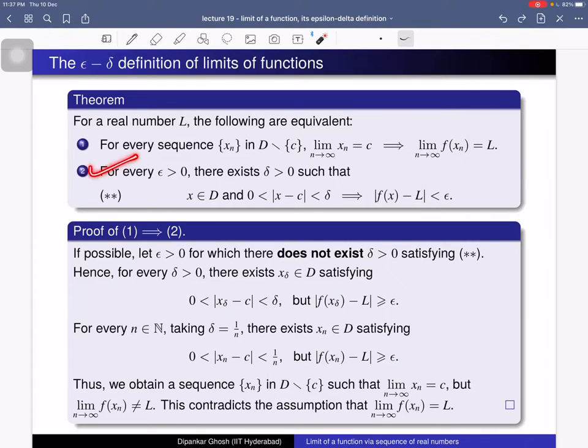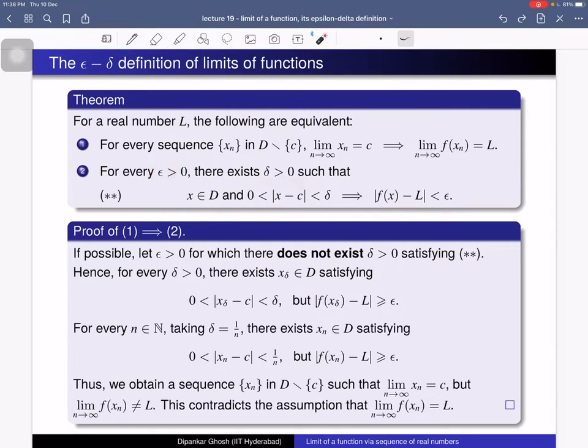And condition 2 is saying that for every epsilon there should be some delta which satisfies this thing. First we prove 1 implies 2. So you have condition 1, and then we should prove that condition 2 holds true. Okay. So if possible, suppose that for a particular epsilon there does not exist delta which satisfies this condition.